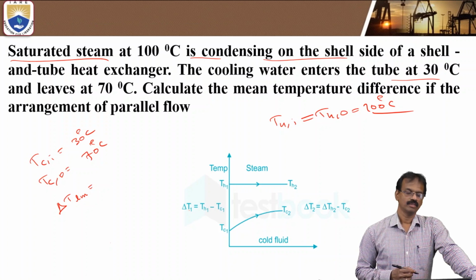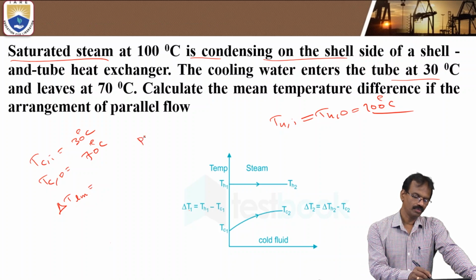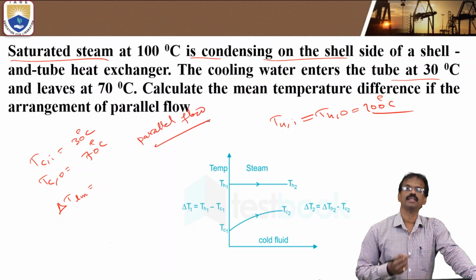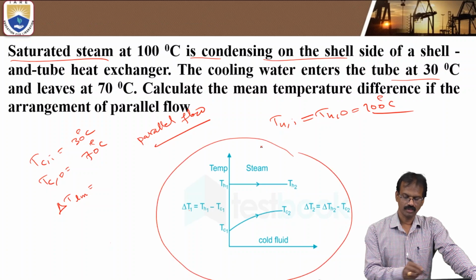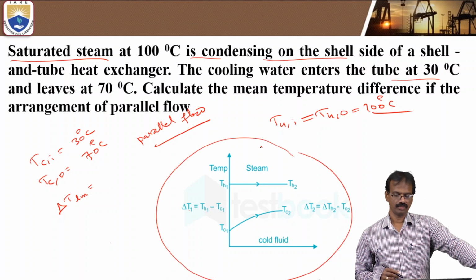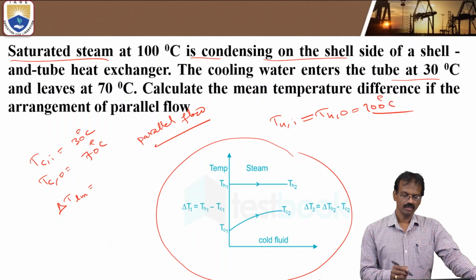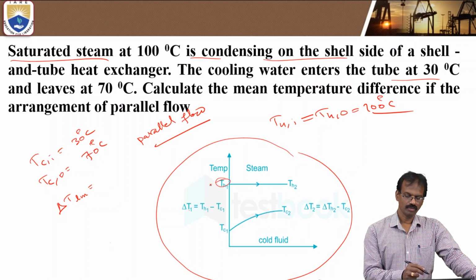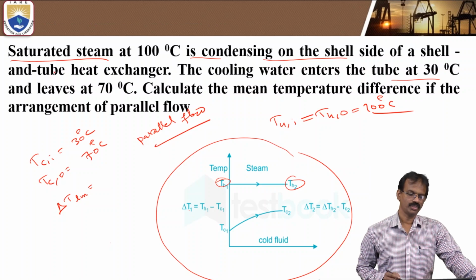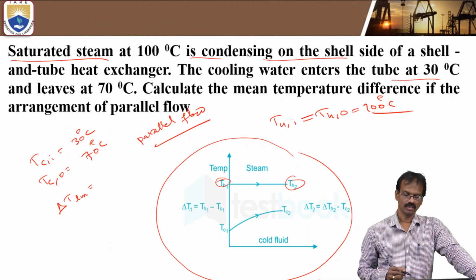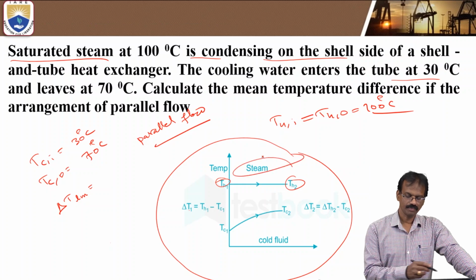This is the parallel flow heat exchanger. Here we can observe this temperature graph. The hot fluid inlet and hot fluid outlet temperatures are the same, equal to 100 degrees Celsius, because this is a saturation position, meaning inlet and outlet are both the same, that is the steam.